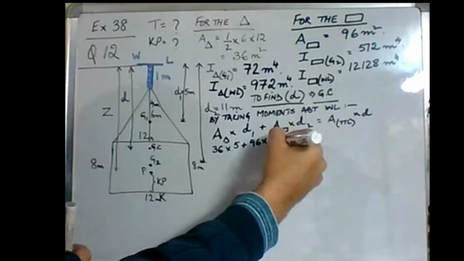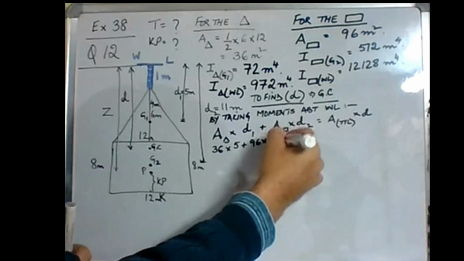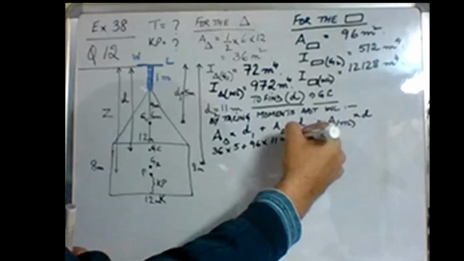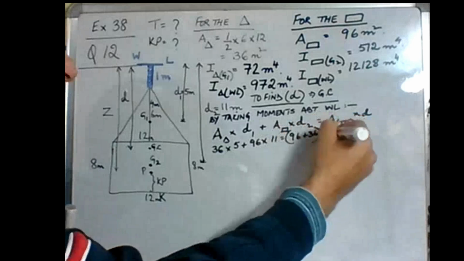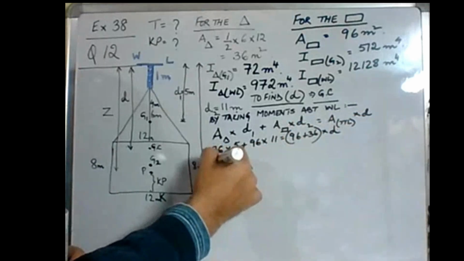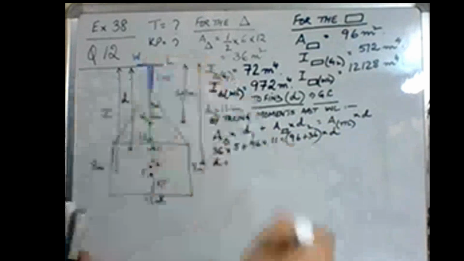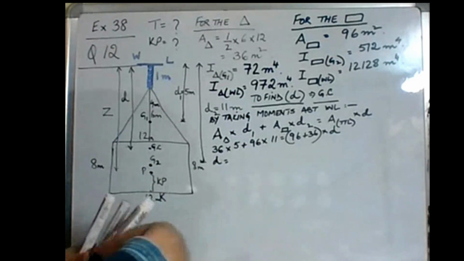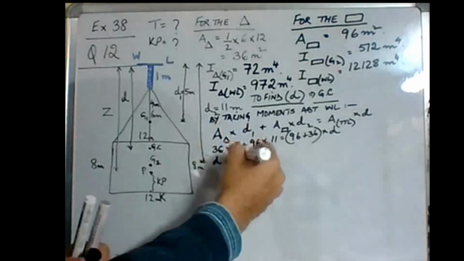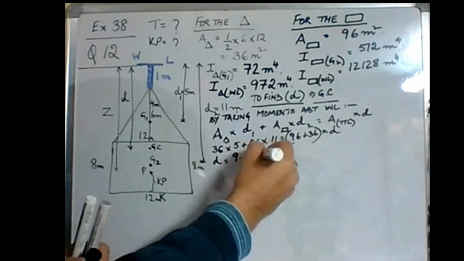D2 कितना था? 11, is equal to 96 plus 36 into D. D निकालो. 9.364. सबका सेम आ रहा है.